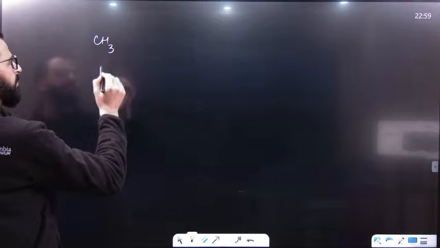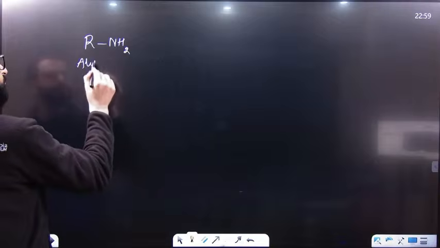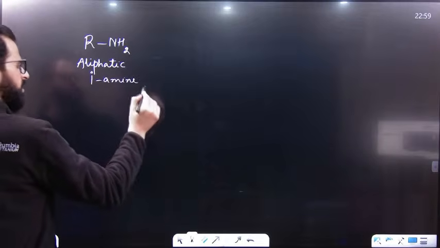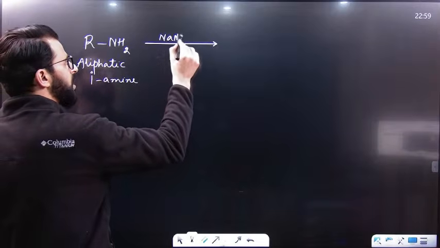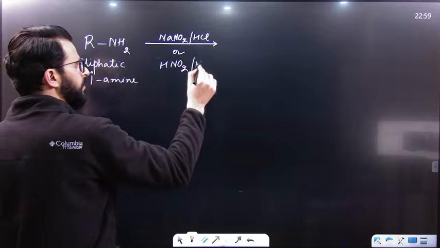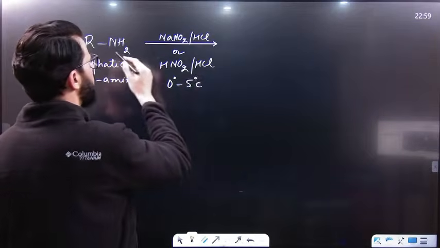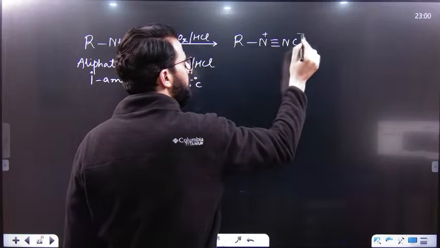But if you take an aliphatic primary amine, say for example this one, whenever it is treated with nitrous acid, whenever it is treated with NaNO2 and HCl or directly with HNO2, that means nitrous acid, at 0 to 5 degrees Celsius, it will result in the formation of alkane diazonium salt.